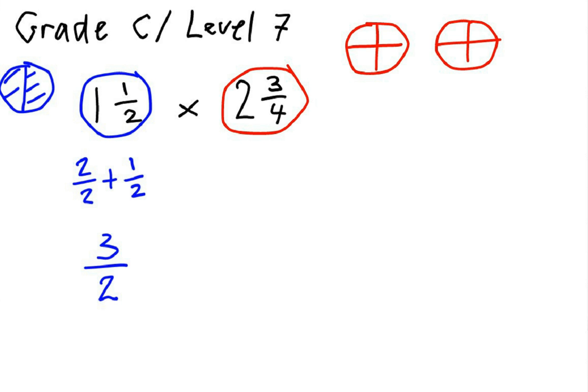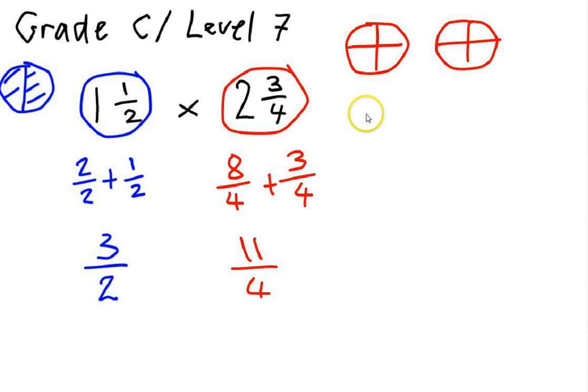In total, this whole part, this 2, gives us 8 quarters. And we need to add to that the fraction part, 3 quarters. And now we have these written over a common denominator. 8 plus 3 gives me 11, and we are looking at quarters there.